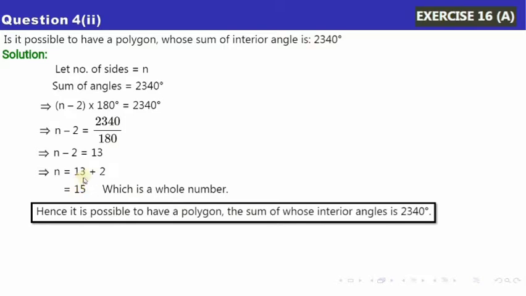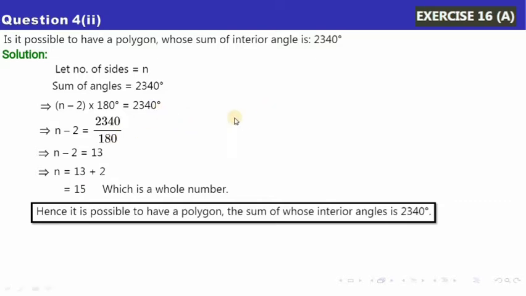Now, what if the value of n does not turn out to be a whole number? For example, if you get a fraction out here, then that means the number of sides is a fraction. And can we have a number of sides to be a fraction? Can I say that I have got half some number of sides in a polygon?